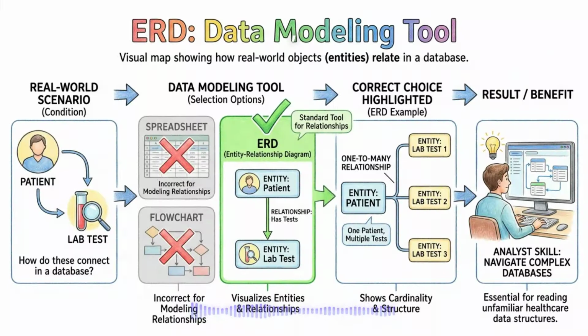For instance, an ERD might show that one single patient can have multiple different laboratory tests over time, representing a one-to-many relationship. Being able to read and interpret an entity relationship diagram is an essential skill that helps analysts navigate massive and unfamiliar healthcare databases.